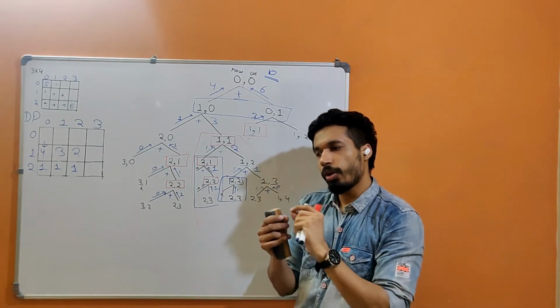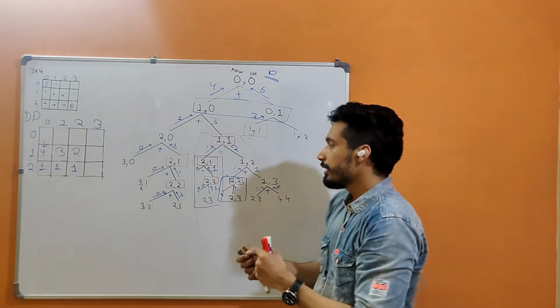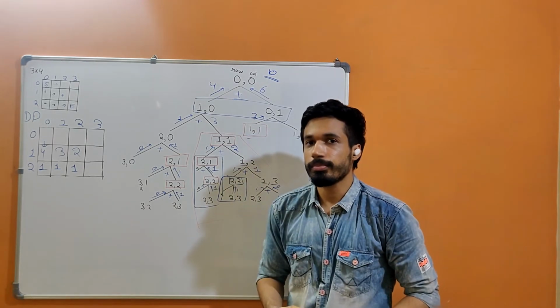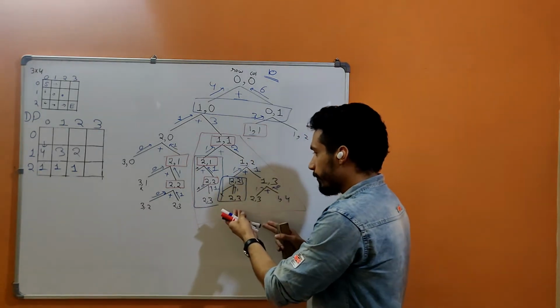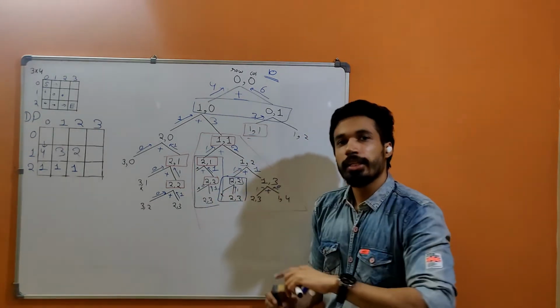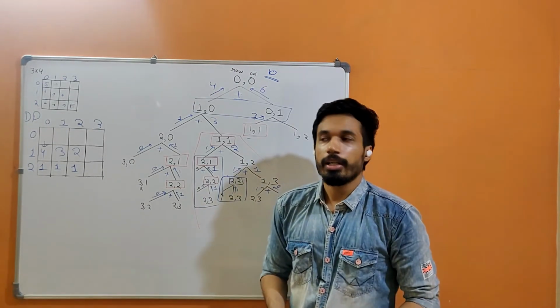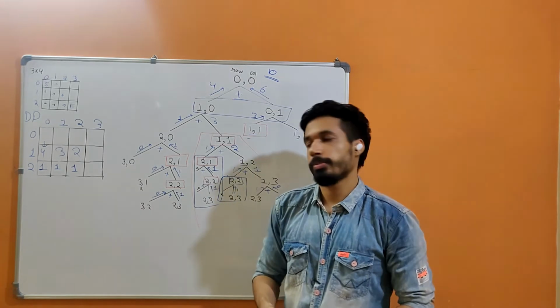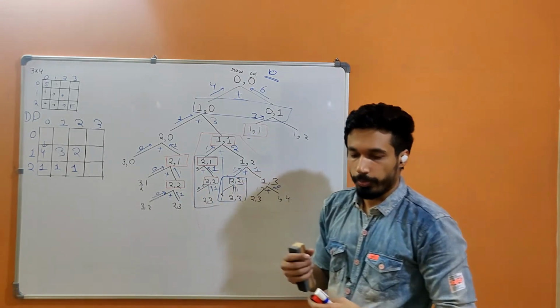So calling the call stack again and again takes slightly more time as compared to the iterative solution. In the bottom-up approach, we can easily come up with an iterative solution. So that's why mostly competitive programmers prefer the bottom-up approach instead of the top-down approach.